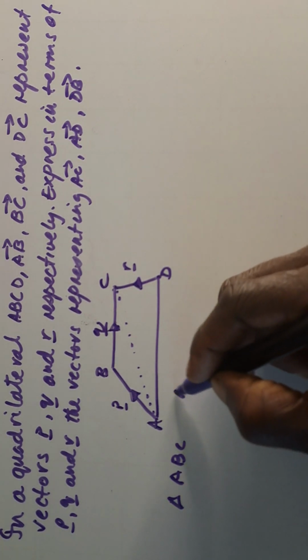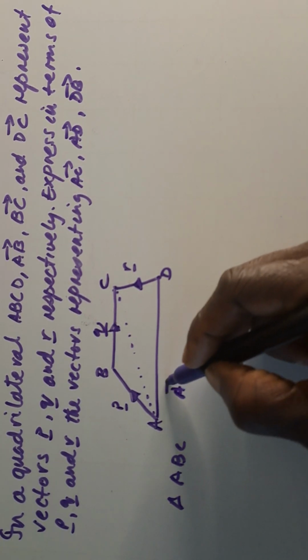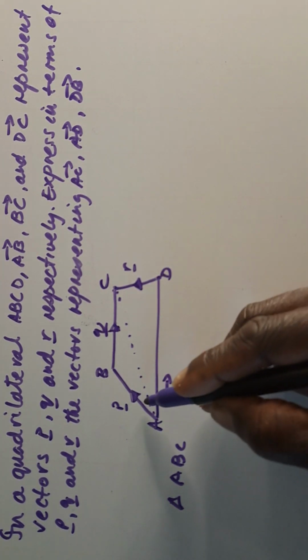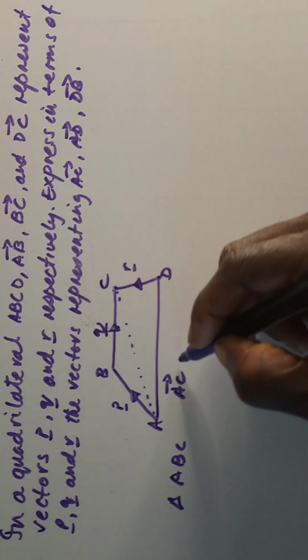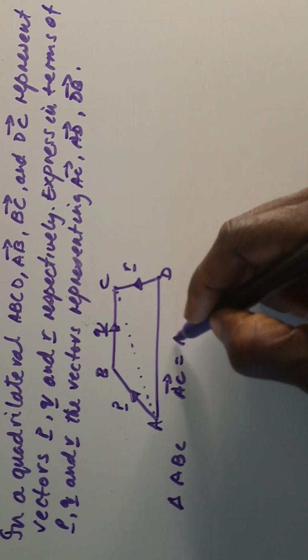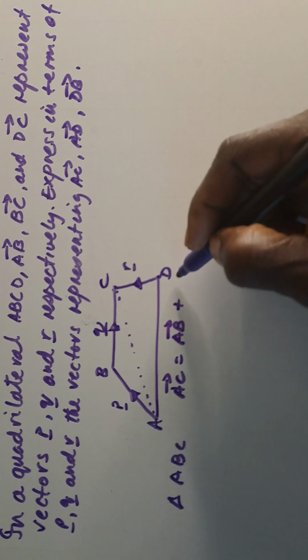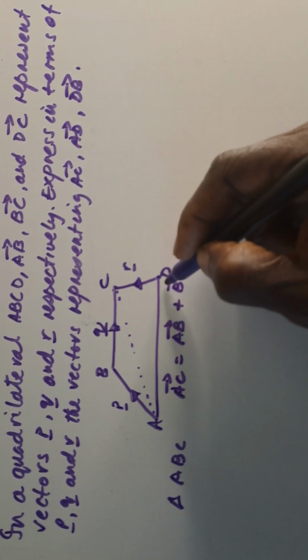We have that AC, the displacement AC, so going this way, is the resultant of AB added to BC.